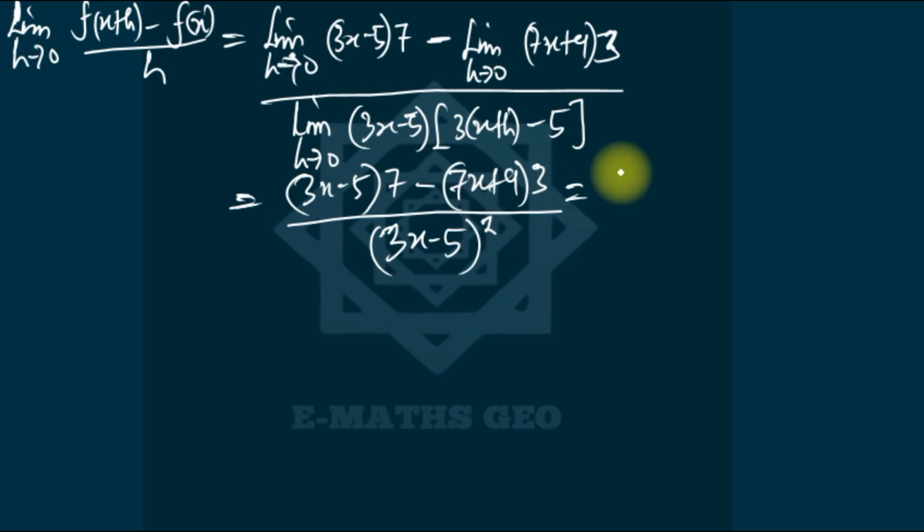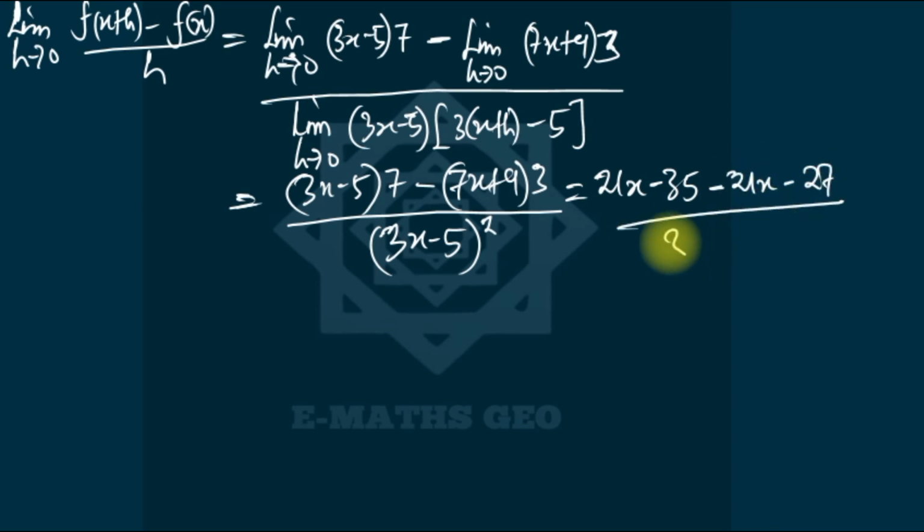So we open up, 7 times 3x is 21x minus 35 minus 21x minus 27 over 3x minus 5 all squared.